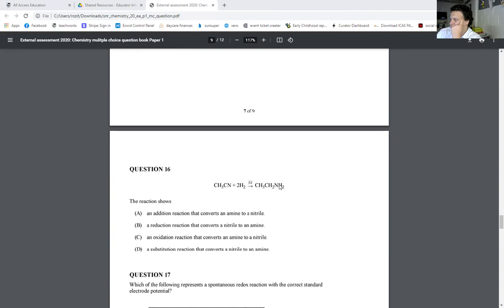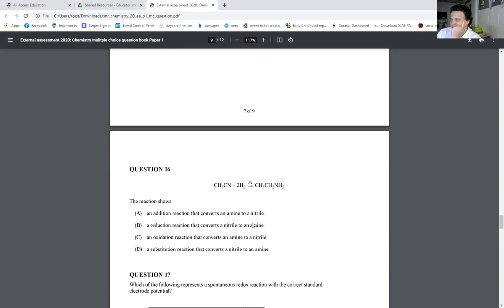So what molecule have we got on the end here? Or what functional group have we got on the end of this carbon chain? So nitrile to amine. Yep.